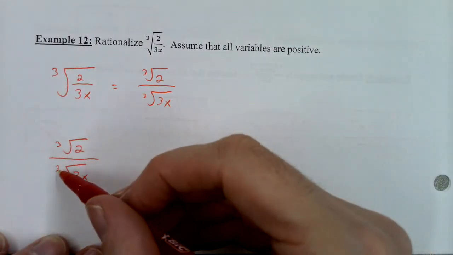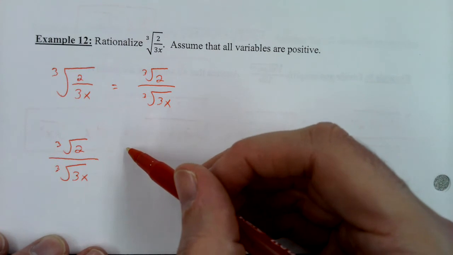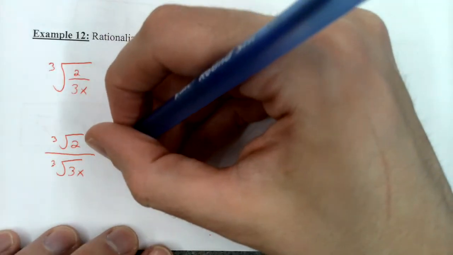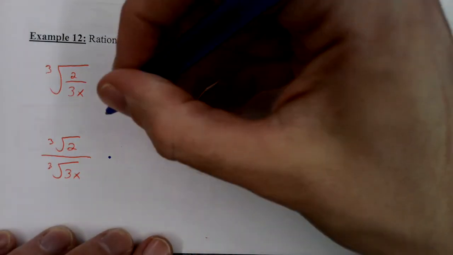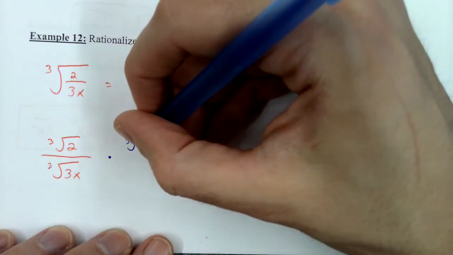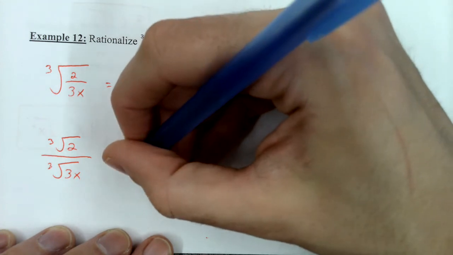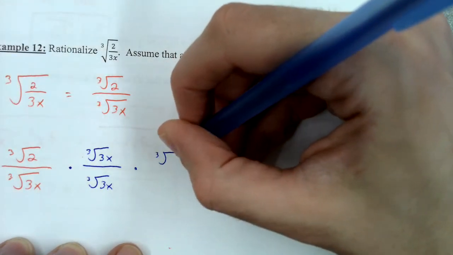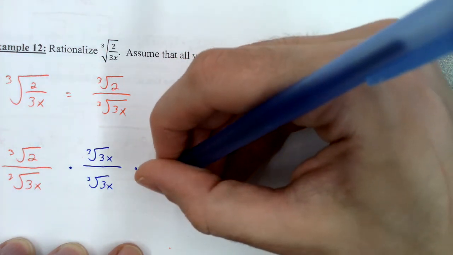If this was a square root, I would just have to multiply by square root of 3x over square root of 3x. But it's not, it's a cube root. So what I have to do is multiply by the cube root of 3x divided by the cube root of 3x, and then times the cube root of 3x divided by the cube root of 3x.